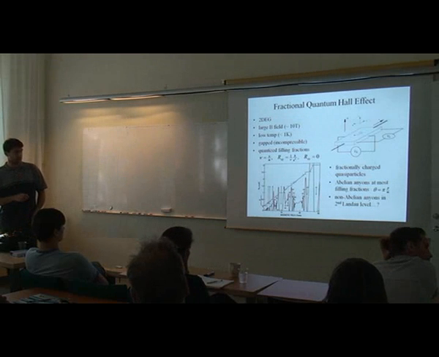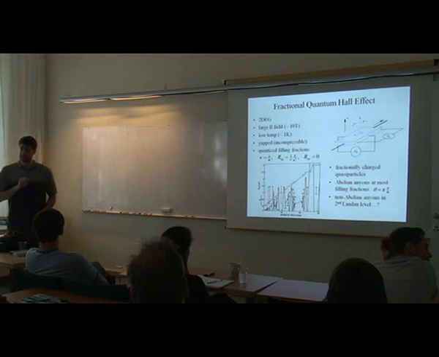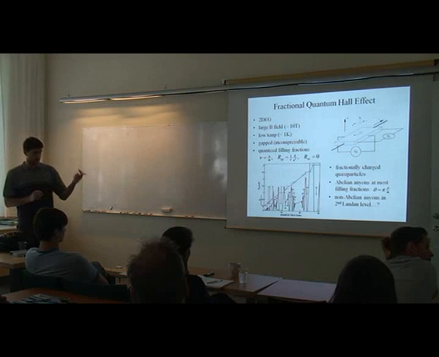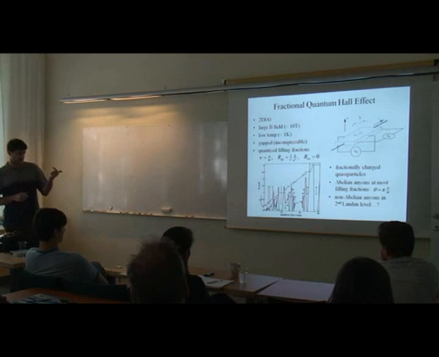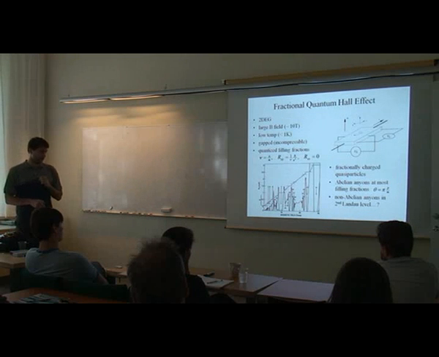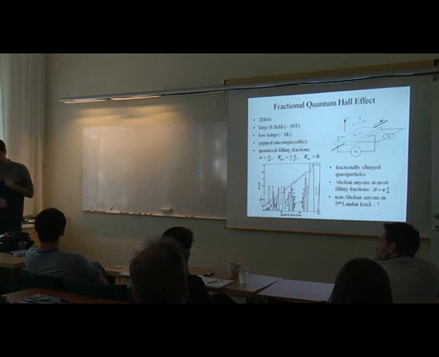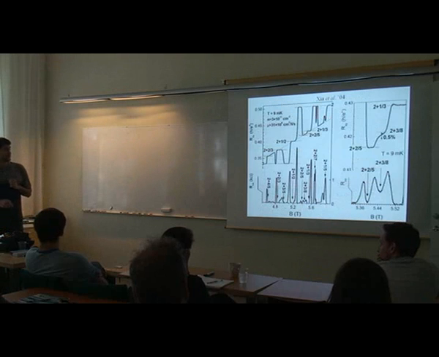So you expect that most of the filling fractions have abelian anyons, meaning if you just do particle exchange, you'll pick up some phase factor on the wave function. But we also expect that a number of them will also have non-abelian anyonic statistics.